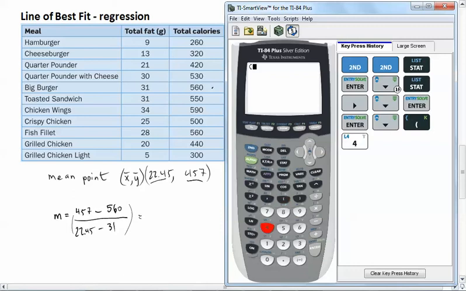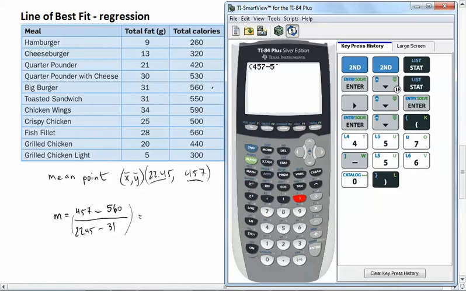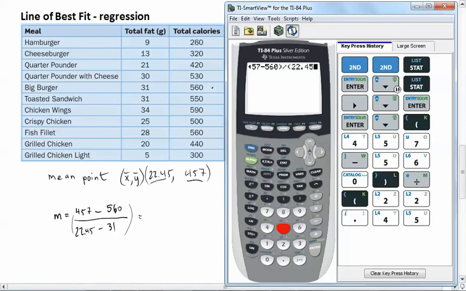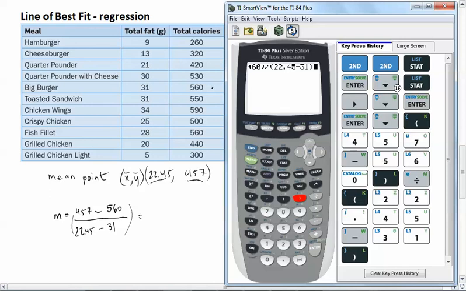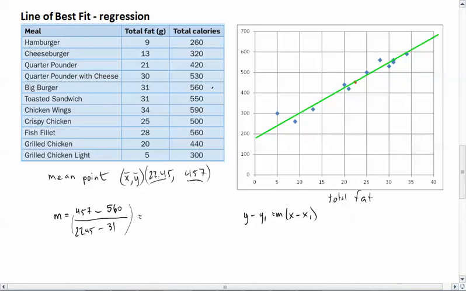So we're going to go 457 minus 560, and then divided by 22.45 minus 31. All right, and we go enter, and we get a slope of 12.0 because that's all going to round down. So 12.0, and I do want 3 sig figs, so I'm going to put the 0.0.